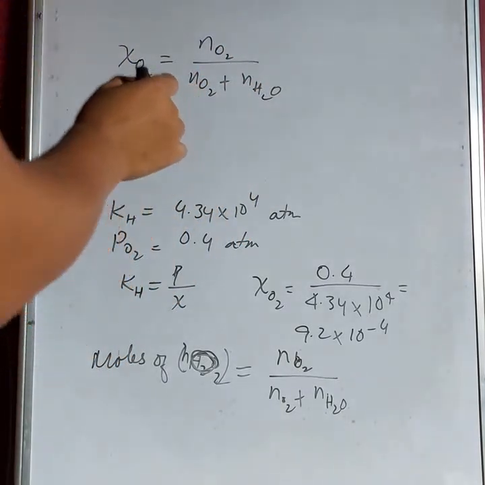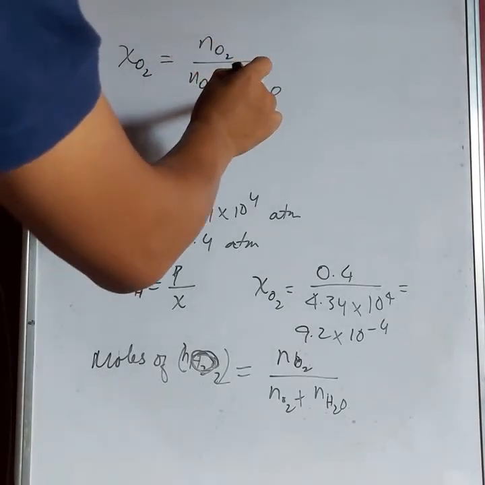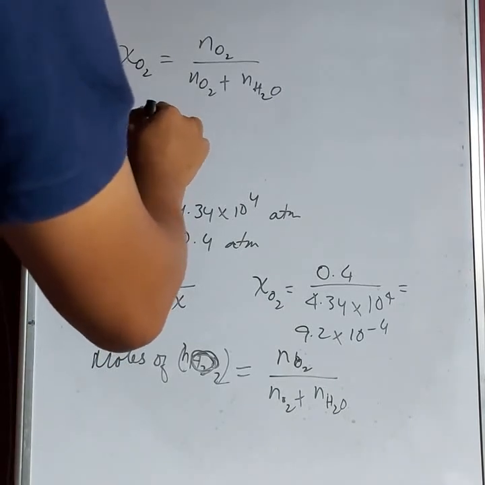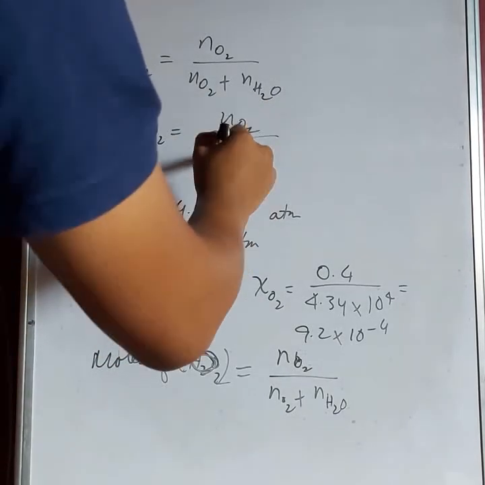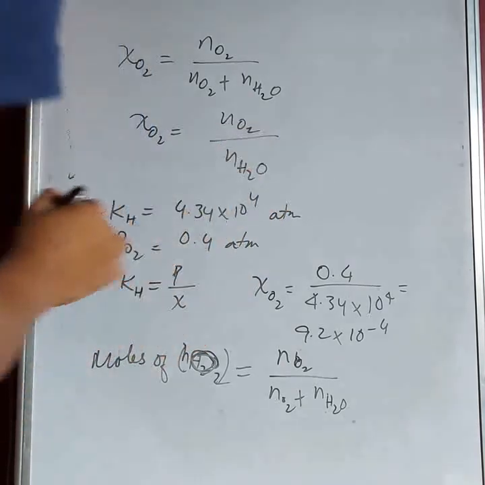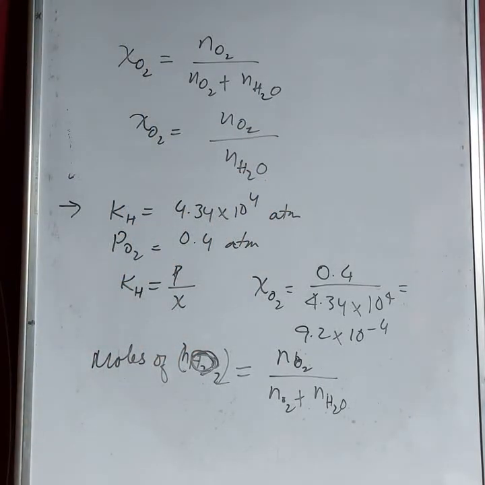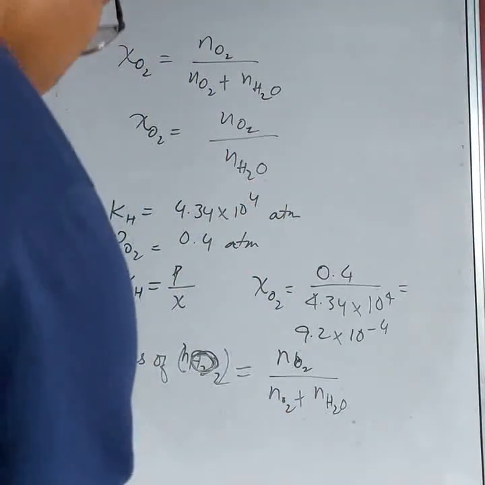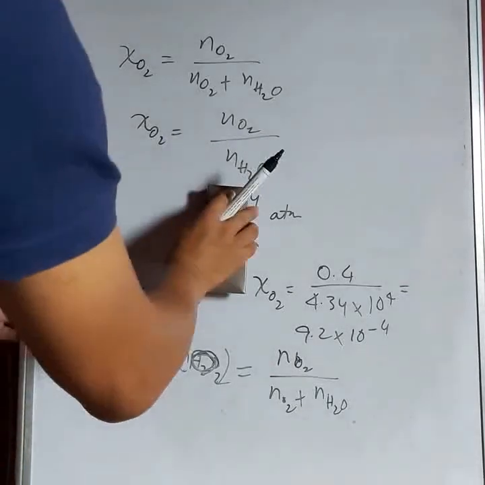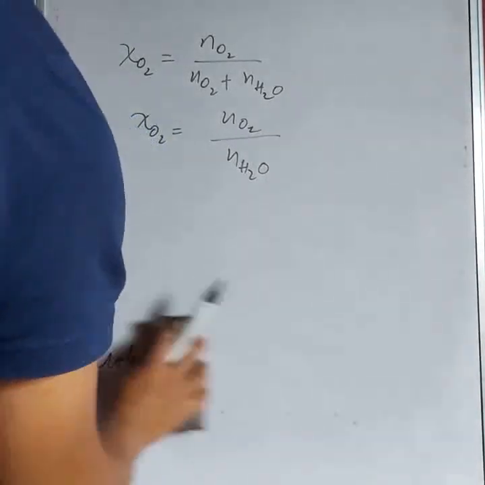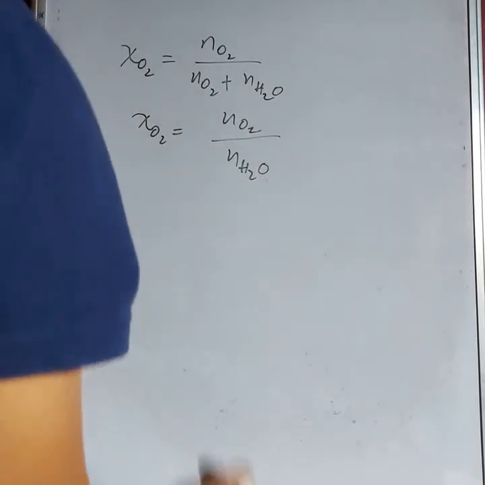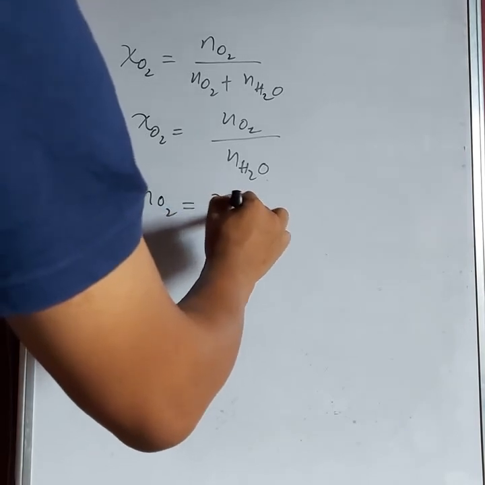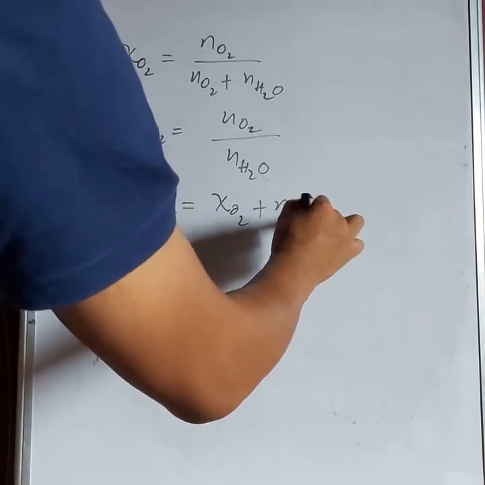Now this number of moles of oxygen is very negligible compared to the number of moles of water. Therefore, the mole fraction of oxygen is nothing but the number of moles of oxygen over the number of moles of water. So the number of moles of oxygen is equal to the mole fraction of oxygen times the number of moles of water.